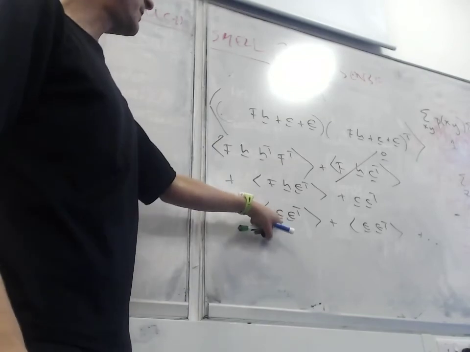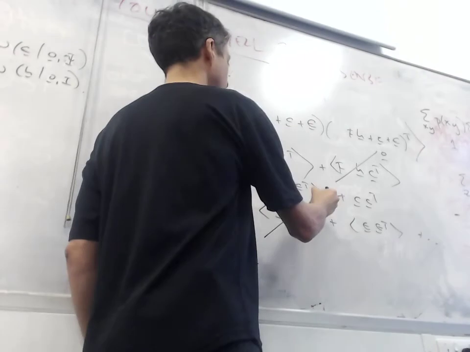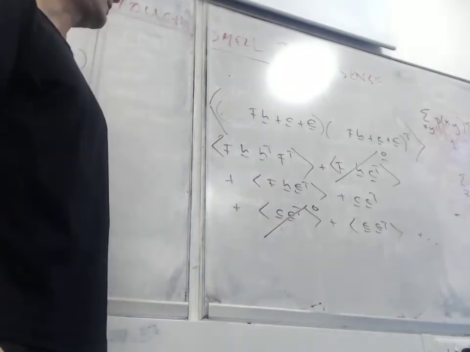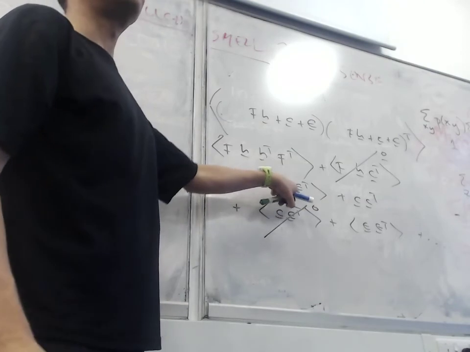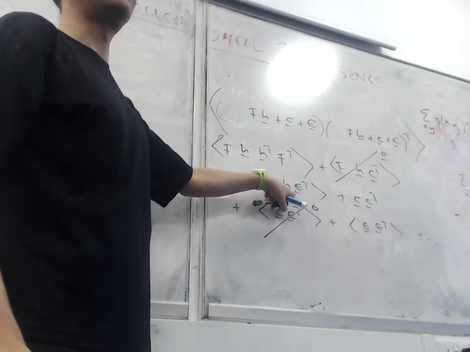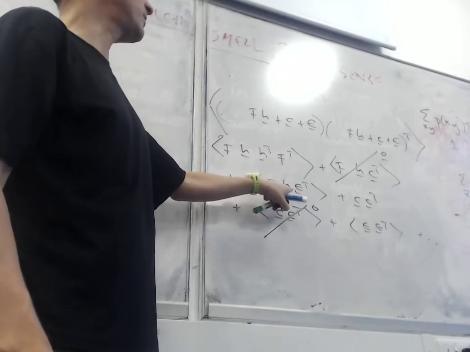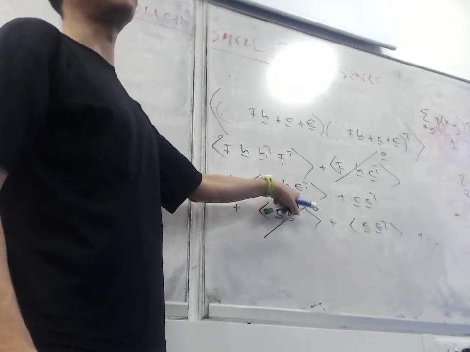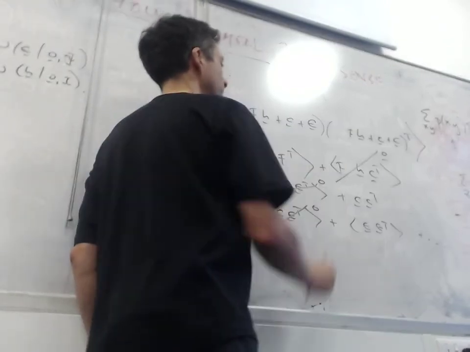For c epsilon, c is constant, epsilon has mean 0, so that goes to 0. h and epsilon are independent a priori, so this is the average of h times the average of epsilon, but they're both mean 0, so this is 0 as well.